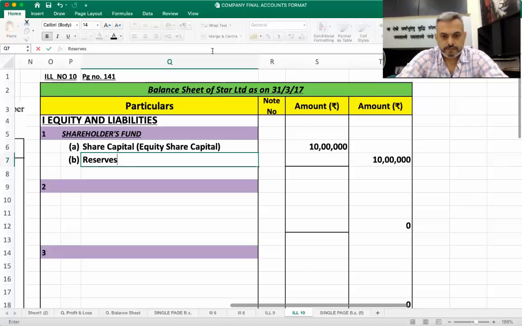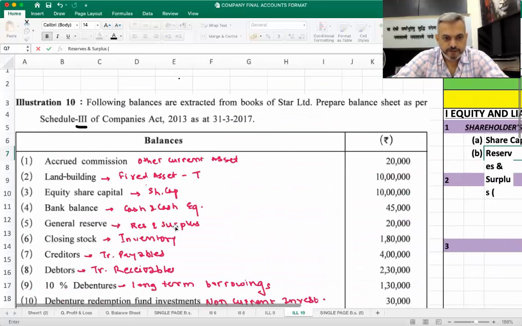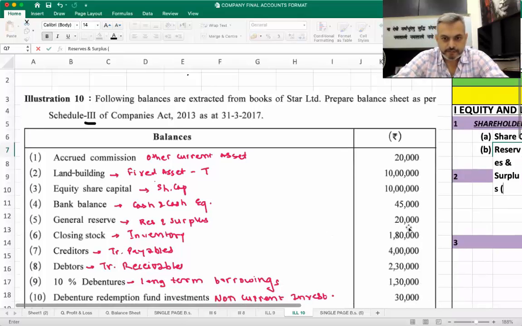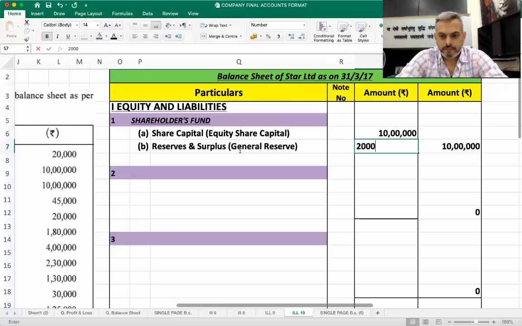Reserves and surplus. Now in reserve and surplus, what do we have? We have general reserve of 20,000. So share capital, reserves and surplus.